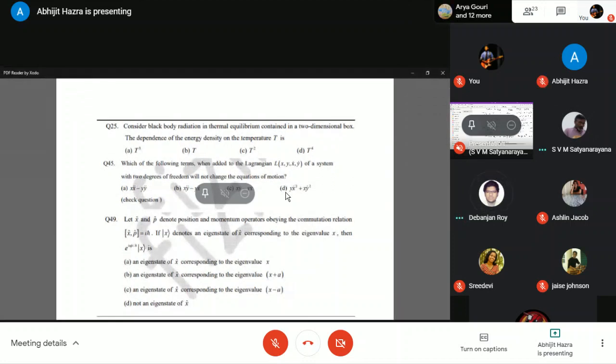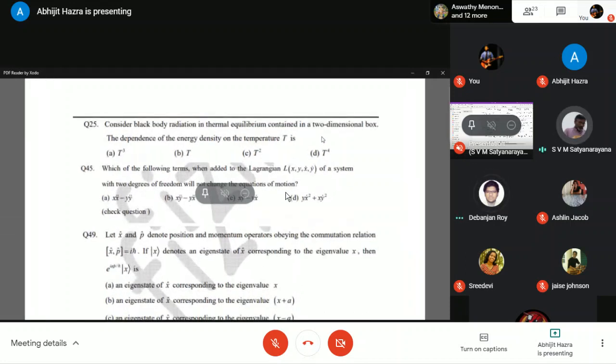Yes, because in three dimensions we know the energy density is proportional to T to the power 4, and in D dimensions it is T to the power D by S plus 1.